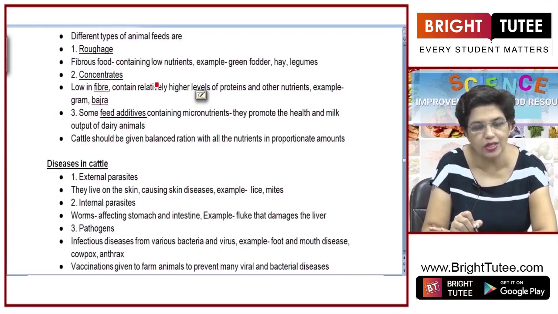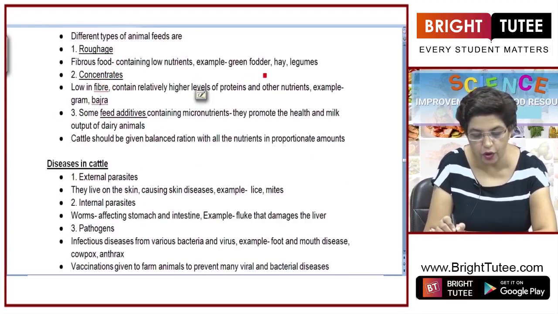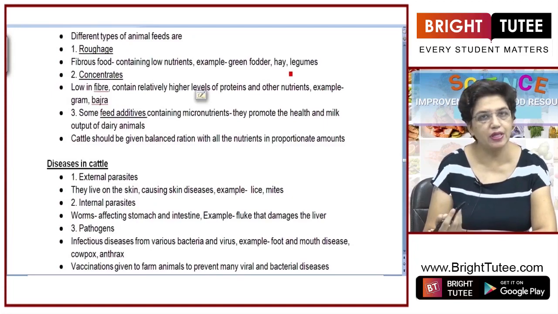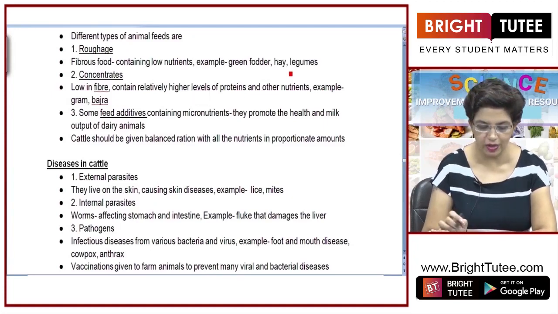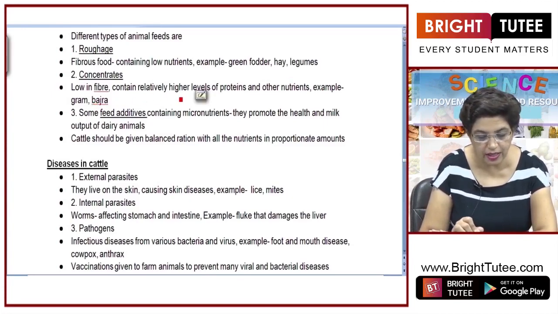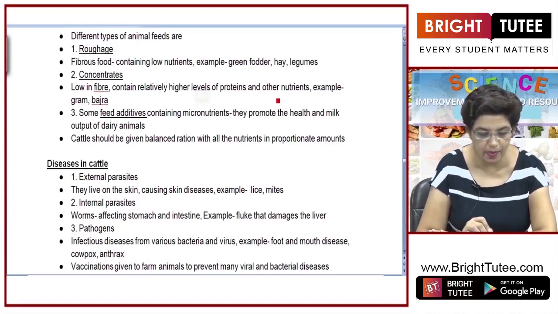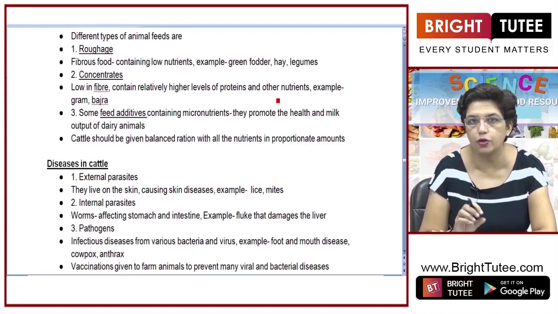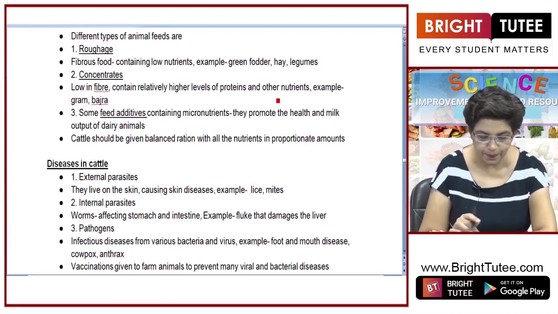Although it is low in nutrients, like green fodder, hay and legumes, it is important for the sustenance of their life. Second type of feed is concentrates. They are low in fiber, but they contain higher levels of proteins and other nutrients. For example, gram and bajra. So especially during the lactation period, these concentrates are to be fed to the cattle.